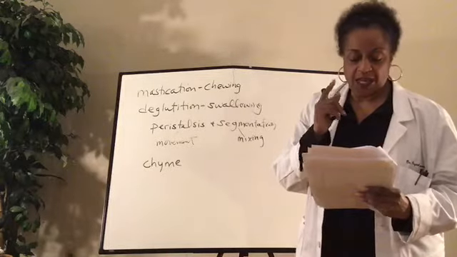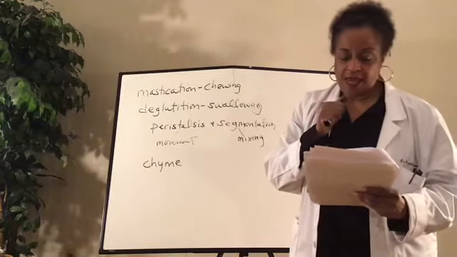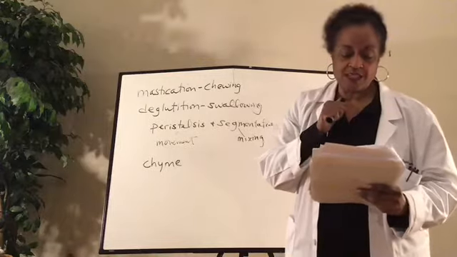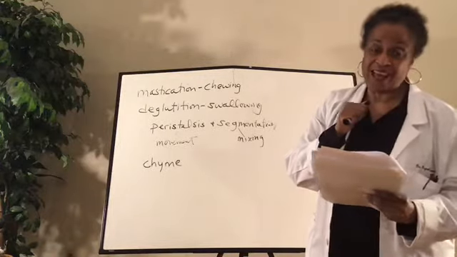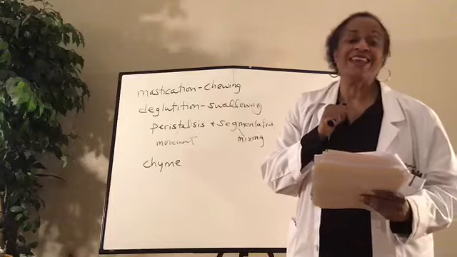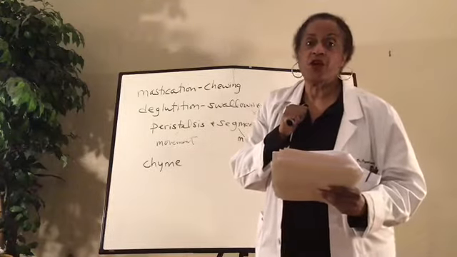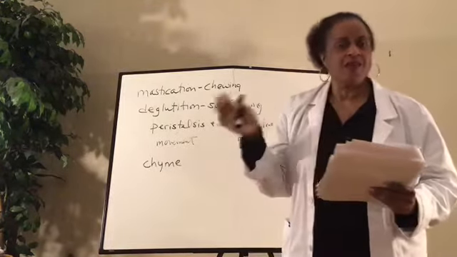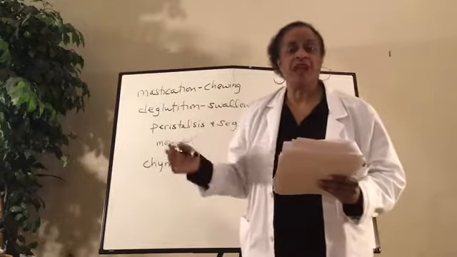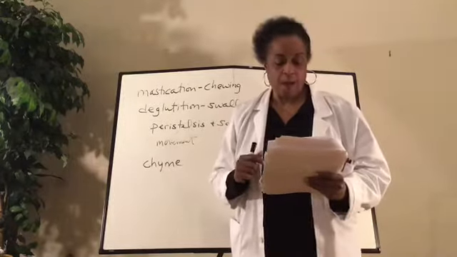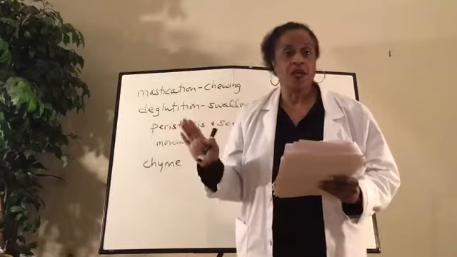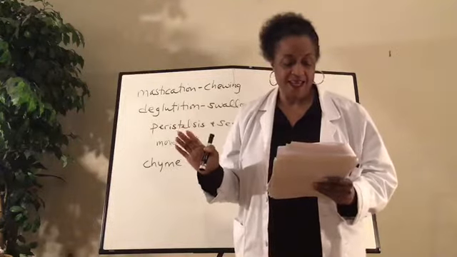Also stimulated by the hormone cholecystokinin pancreazymin. We call it CCK, cholecystokinin, when you see that. Some authors do put on this pancreazymin, which I hadn't seen before, but please note that we just really call it CCK.